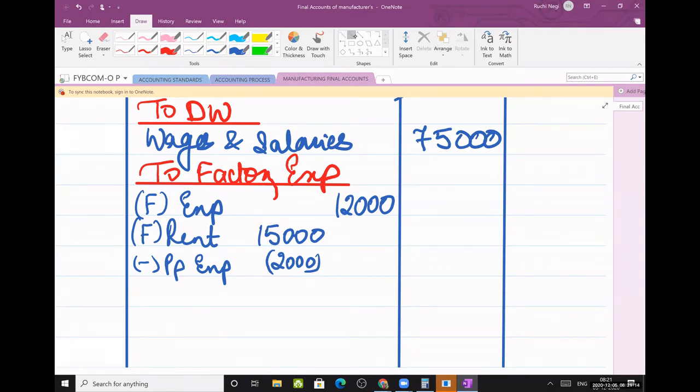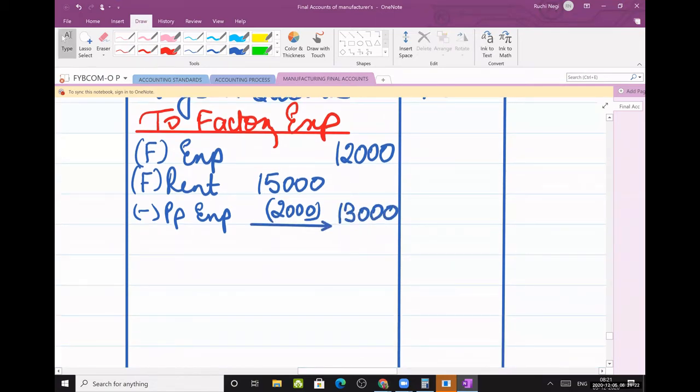You can show it like this, 14,000. Then depreciation on plant and machinery, 2 lakhs, not 10%, that makes it 20%.